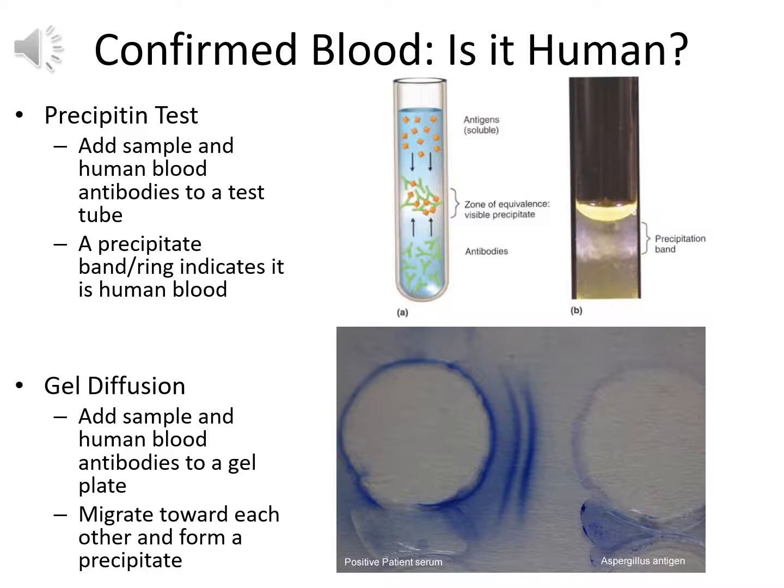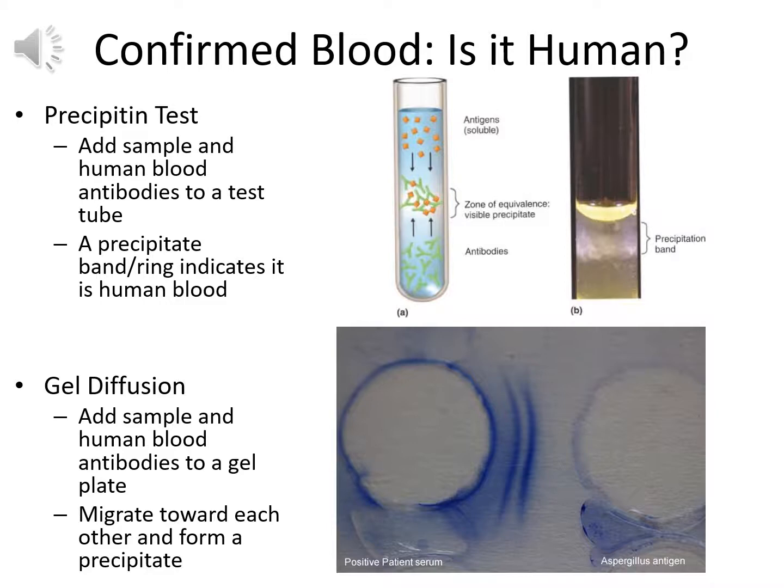The specificity of antibodies is really, really high. That's what we talked about earlier about blood. So the antibody test is quite sensitive, and if you don't see that precipitation band or ring, then you don't have human blood, and you would need to test for the other animal blood if you wanted to find out what type of blood you have.